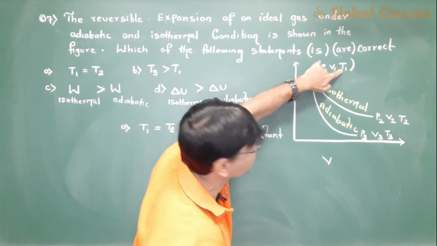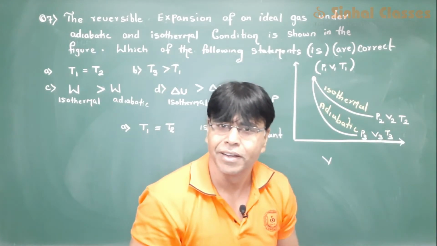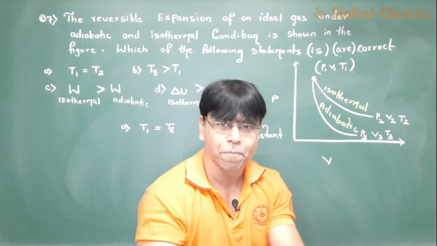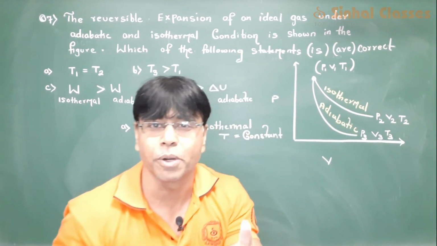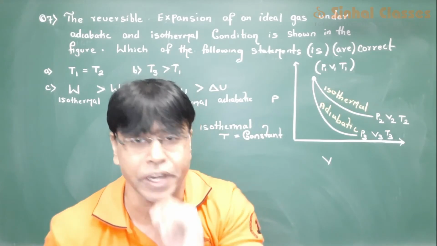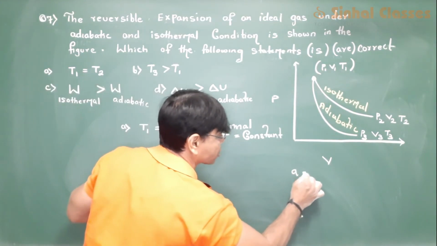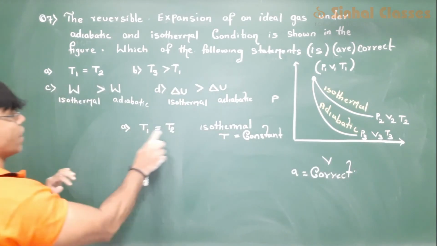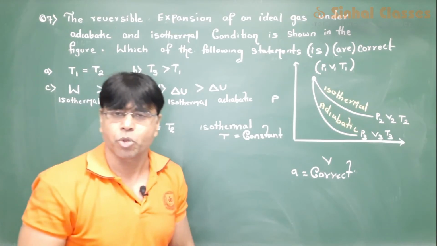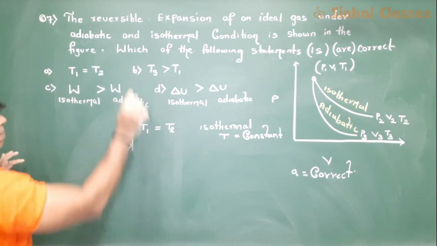So whatever was T1 here and T2, they should be equal, because it is an isothermal process. So option A is correct. T1 is equal to T2 is correct.